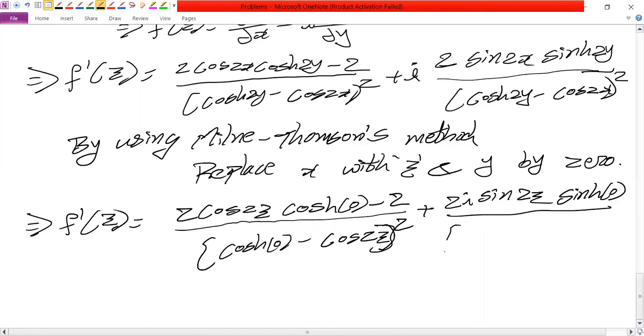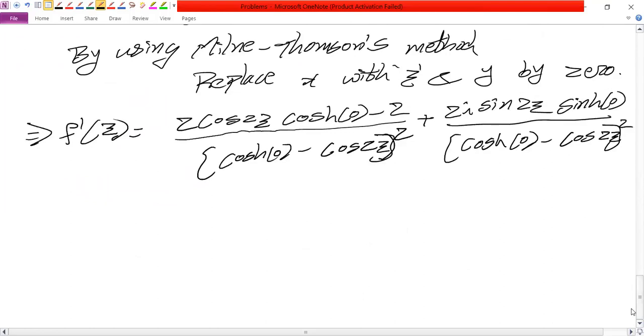So in the next step, for both the denominators, I will take the LCM form like that, (cosh of 0 minus cos 2z) whole square. Now, if I combine, that means if we are taking the LCM in the denominator, then what is the cosh 0 value?